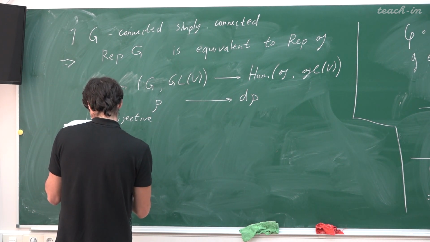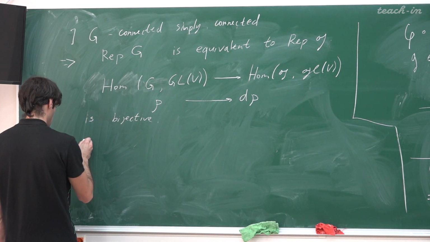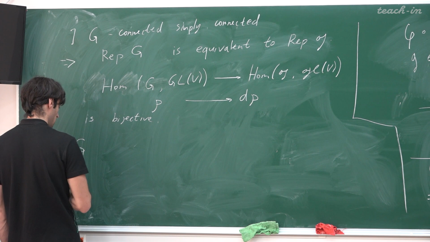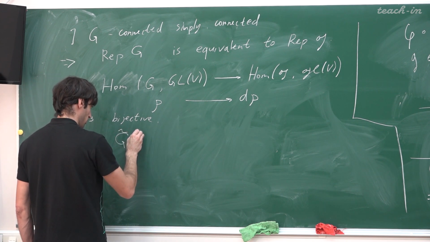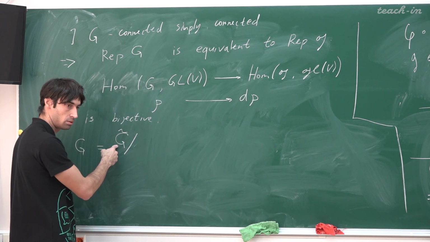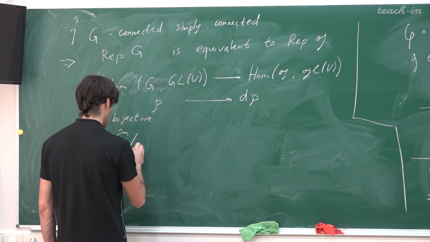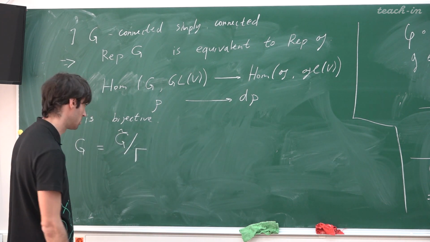On the other hand, if I have a Lie group G, then it is a quotient of a connected, simply connected Lie group, its universal cover G tilde, by some discrete subgroup gamma.